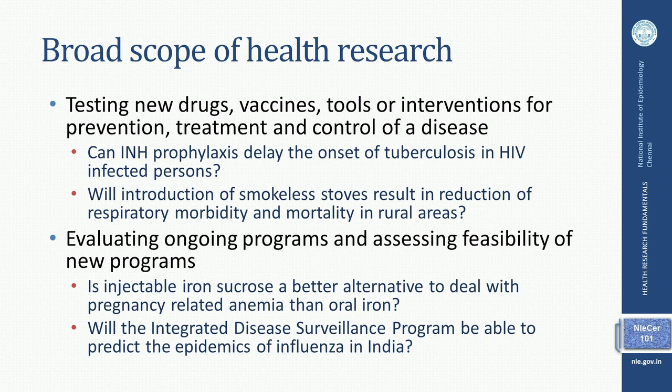So, can we introduce INH prophylaxis? INH is a potent drug which is used against tuberculosis. Can it be introduced among HIV infected individuals so that they can be protected from getting tuberculosis? This is an important intervention which could be tried out to reduce mortality associated with HIV because of prevention of tuberculosis in them.